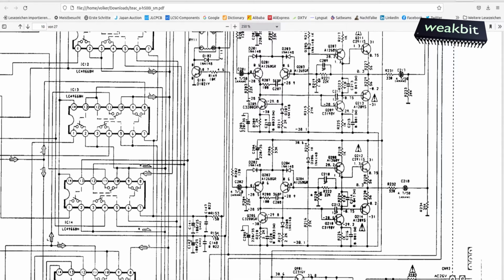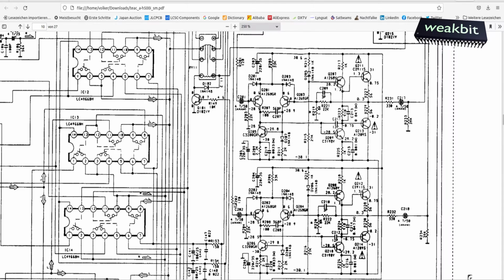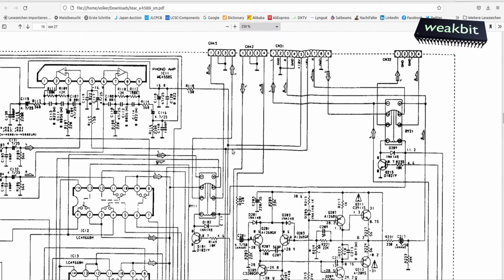We have here the right or the left channel. I cannot make a difference. Here is the left and here is the right channel. Okay, connector 42. Connector 42, maybe they go into the regulation and here coming back the right and the left, coming here, it's sent from here.